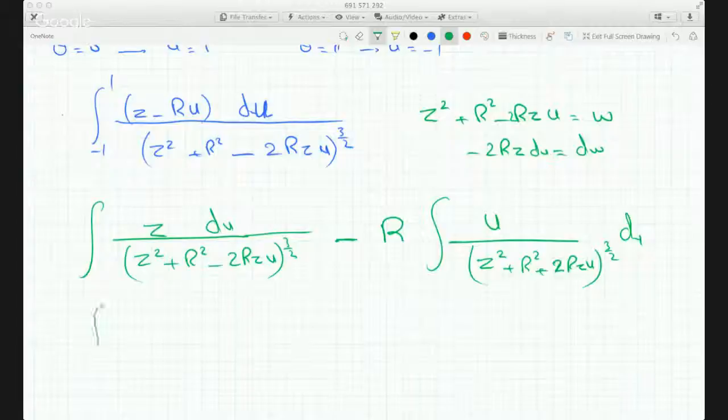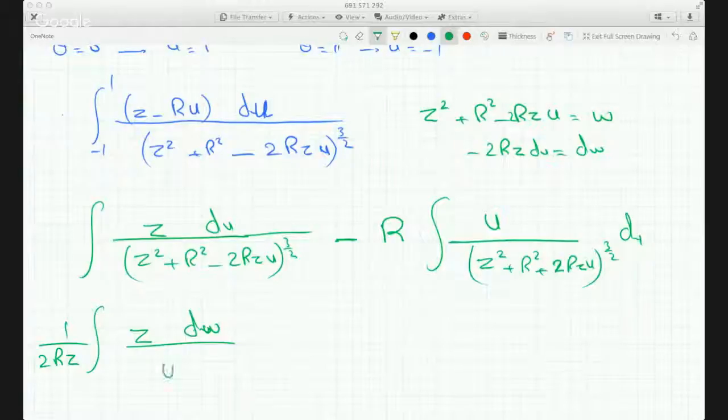So the first part will become z, and du is just dw divided by negative 2rz, over w to the 3/2. Minus r again, du. Let's see, what's u?